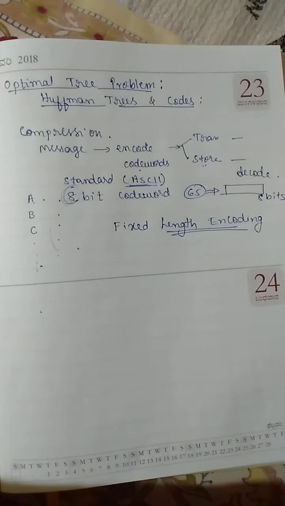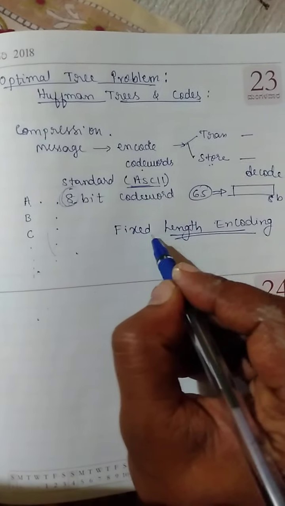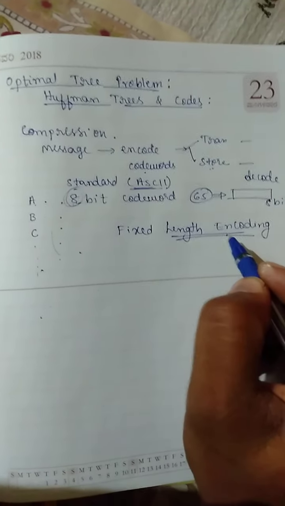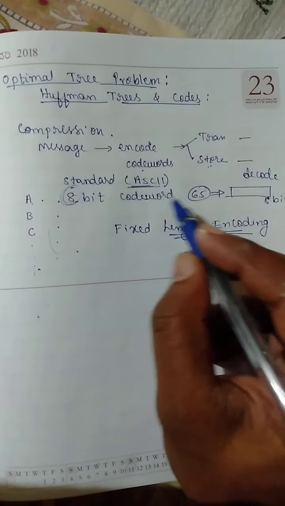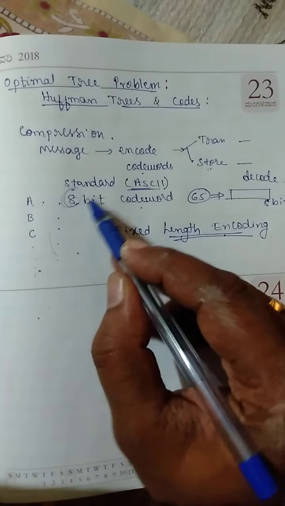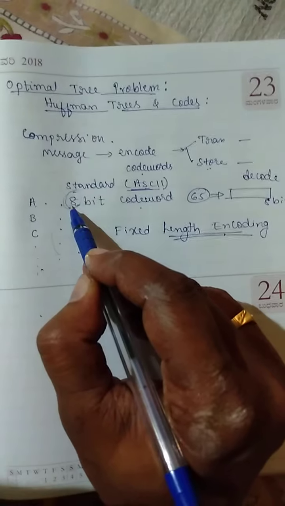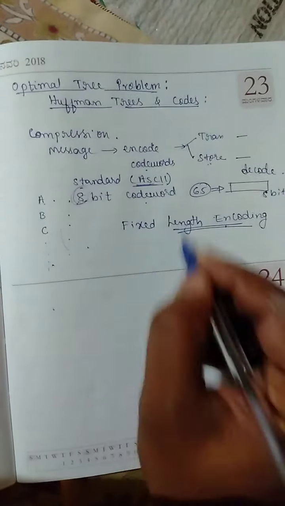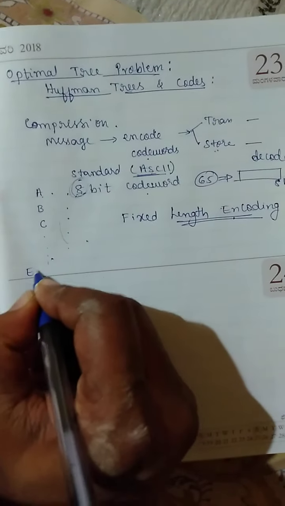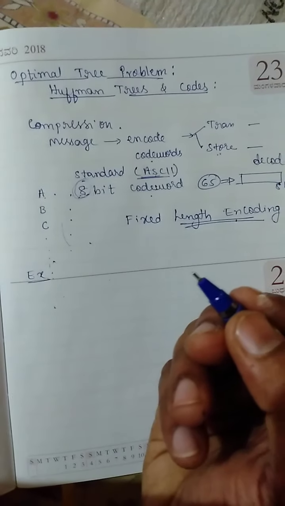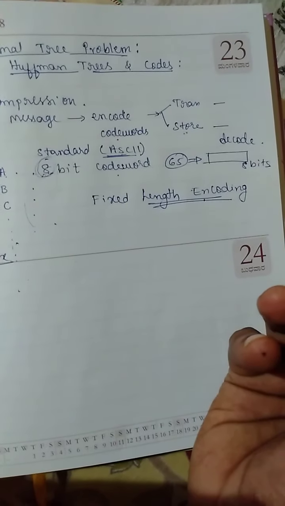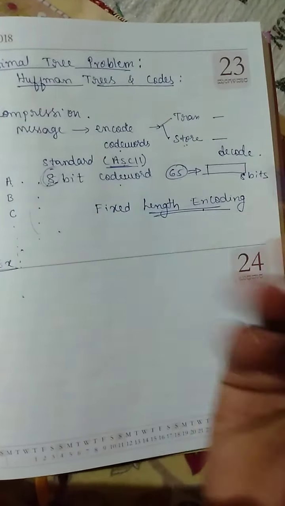As the name indicates, we use code words to encode the data where the number of bits in each code word is fixed. In this ASCII example, it is 8. Now I will give one example where you can construct code words of your own, having fewer bits also.